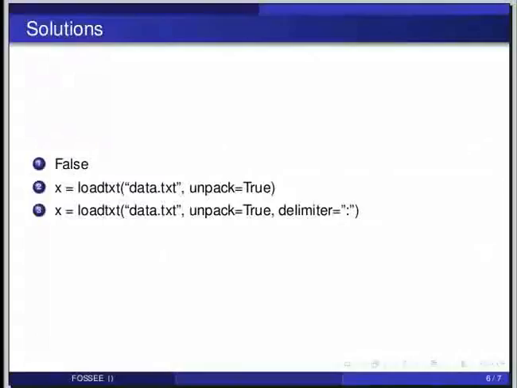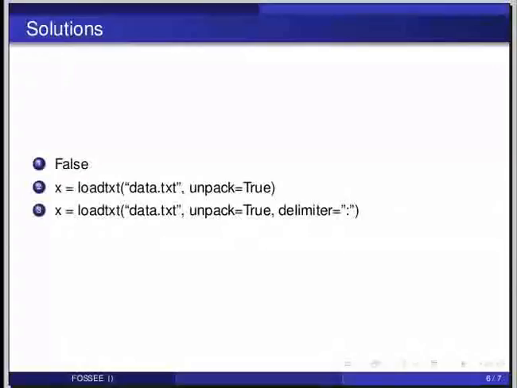Second one, a file with 3 columns of data separated by spaces to be read into 3 separate sequences. We use the loadtxt command as x is equal to loadtxt within brackets and double quotes data.txt, comma, unpack is equal to true. And the third one, if a file has 3 columns of data separated by delimiters, we read it into 3 separate sequences by using an additional argument of delimiter in the loadtxt command.